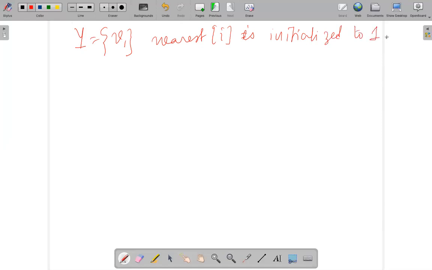Okay, this is the index of the vertex in Y that is nearest to Vi. So here the interpretation would be that v1 is the nearest vertex to itself. That's why the nearest I in this case should be 1.